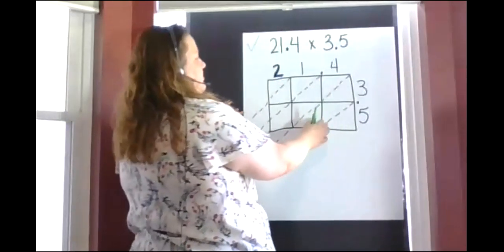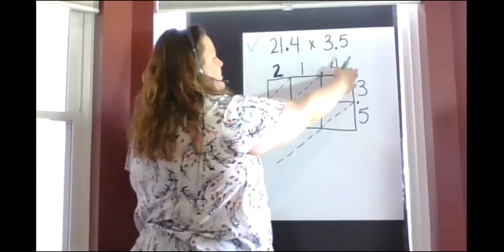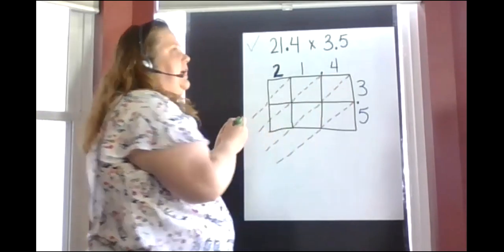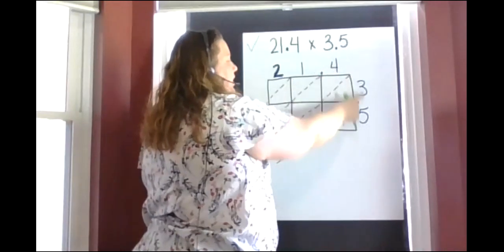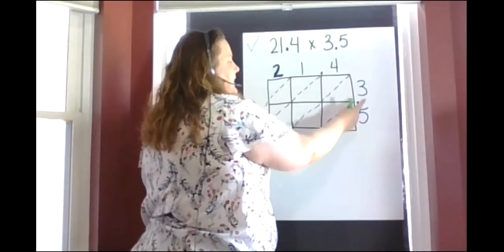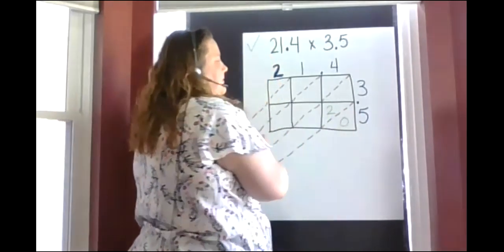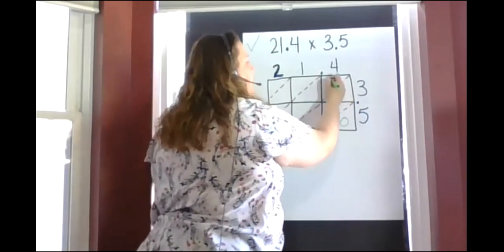All right, so we have our diagonals drawn. We have our numbers written on both sides. So we're going to multiply, and we're thinking about them as individual digits. In this case, 4 times 5 is 20, so 10s and 1s. 4 times 3 is 12.